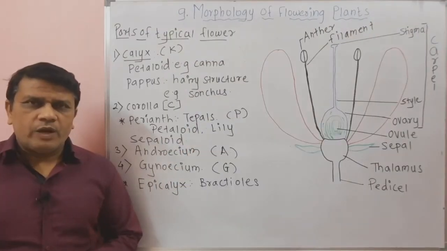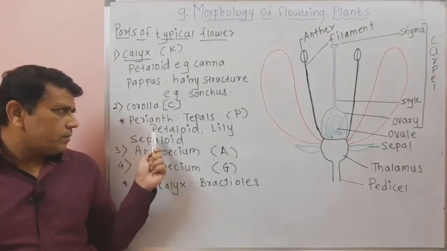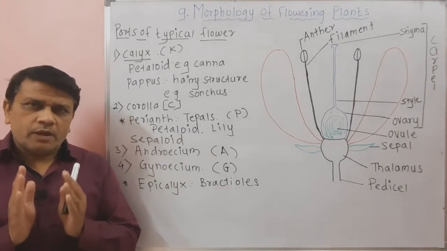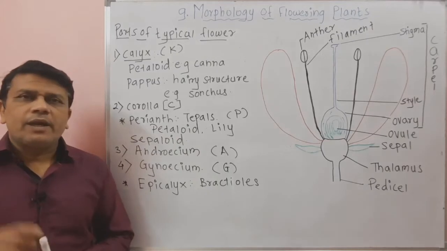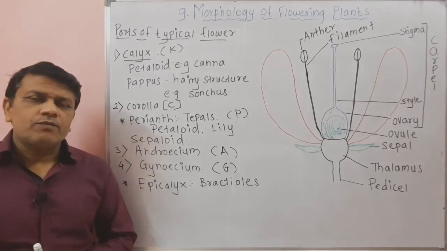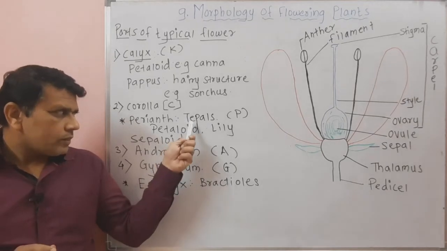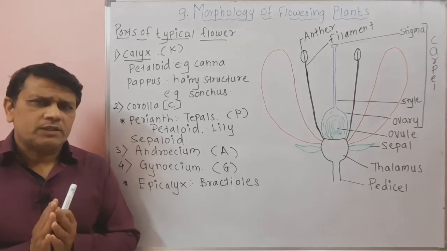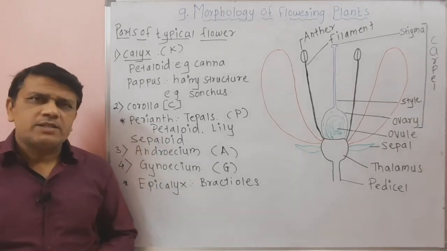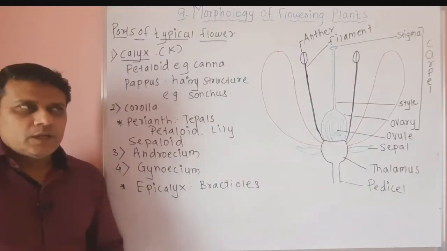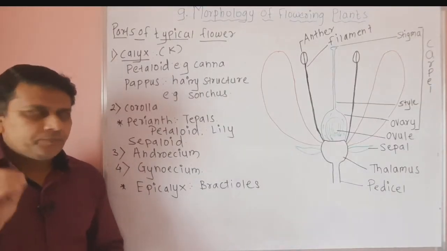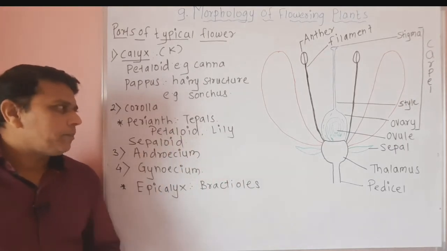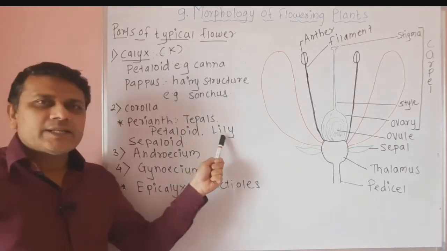Similarly, in some flowers, the members of perianth, that is tepals, are united, and such perianth is called as gamophyllous. While some flowers show free tepals, or they are not fused with each other, they are free from each other. So such perianth is called as polyphyllous perianth. Now when tepals are colored, they are called as petaloid, or the perianth is called as petaloid, and it is found in plants like lily.